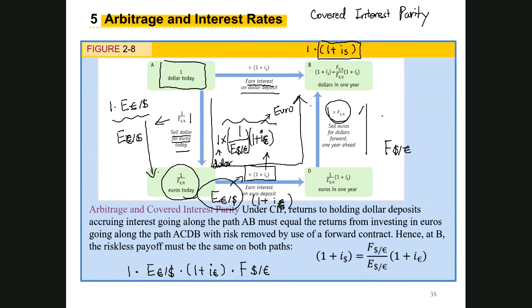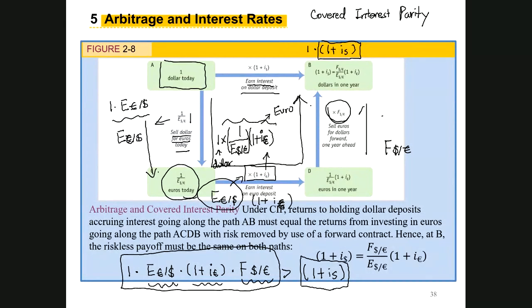This is by the first step, you switch your dollar to the euro. Then you deposit, and after 1 year you see how much they paid you with the interest. You switch back to the US dollar, right? If those two are different, and the revenue you get by depositing your $1 in a foreign bank is larger than if you deposit $1 in a US bank, what will happen?